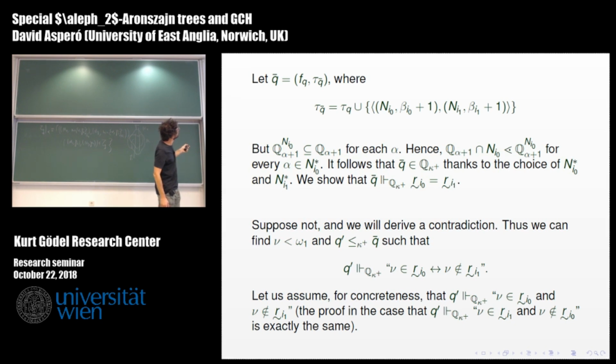Now I take Q bar will be my extension, so I extend Q by simply putting this node on top. So, okay, right. And now if you look at the definition of Q ni0 alpha plus 1, that was clearly a suborder of Q alpha plus 1.